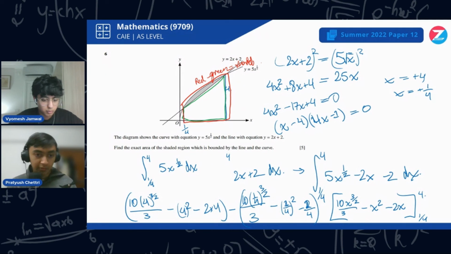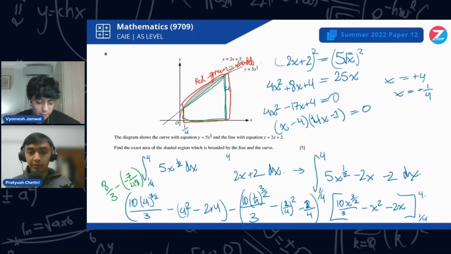So it just turned into 8 upon 3 minus 7 upon 48. Wow. So it would be like 45 upon 16, I think.